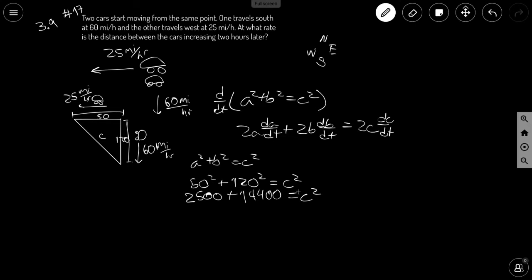And if you add these numbers together, it gives you 16,900.